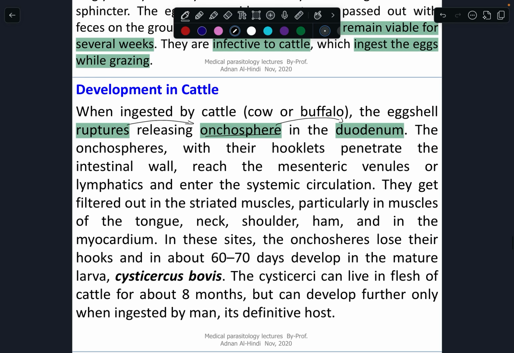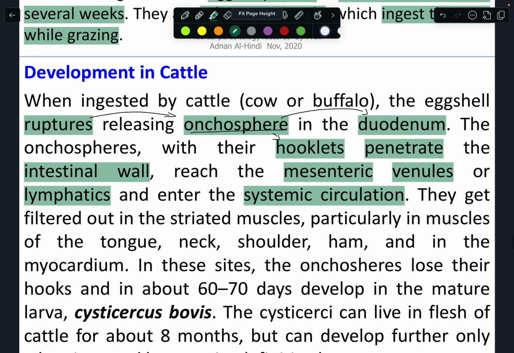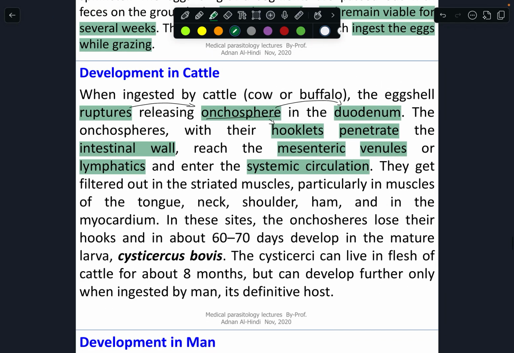The oncospheres have hooklets, penetrate the intestinal wall, reach the mesenteric venules or lymphatics, and enter the systemic circulation. They find their way to the blood.